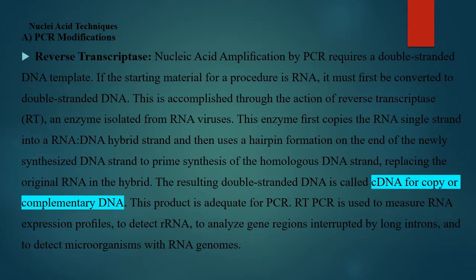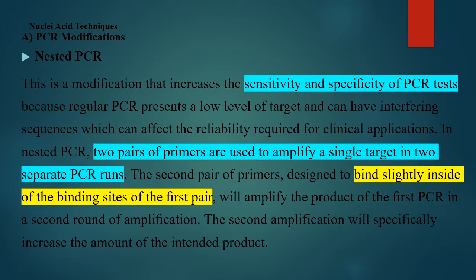So if you have a microorganism that has RNA, this is how you are able to identify it. You can also detect the presence of rRNA in samples. So this reverse transcriptase moves from RNA to DNA.